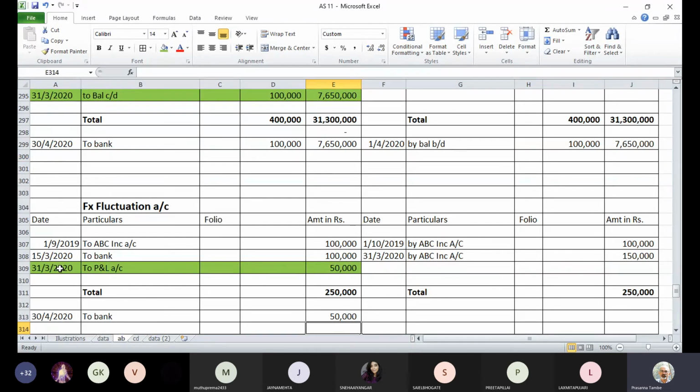So our entry is ABC Incorporated account debits 76 lakhs 50,000, FX fluctuation account debit 50,000 to bank account on 30th April 2020. Okay. So this account is now automatically closed because whatever was the balance left has been completely paid out.